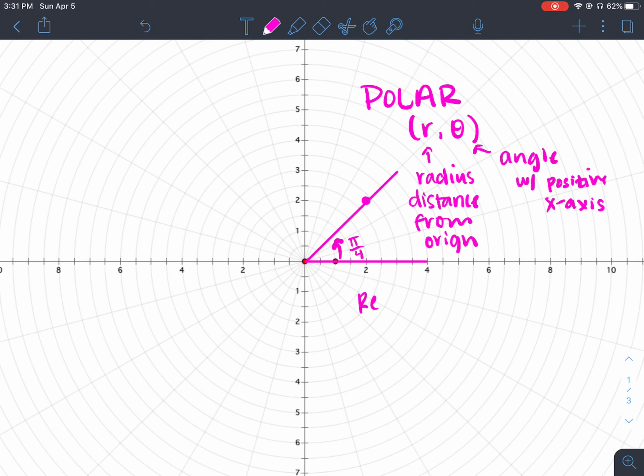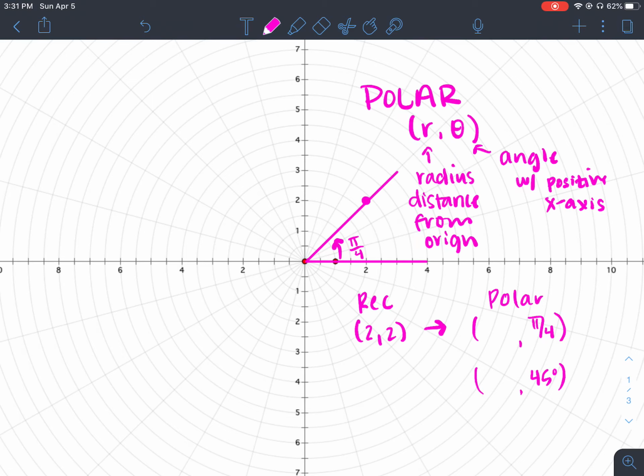So I can say that the rectangular point 2, 2 has a polar angle value of pi over 4 radians, or 45 degrees. You can go back and forth. It just depends on the context of the problem which one you would rather use.